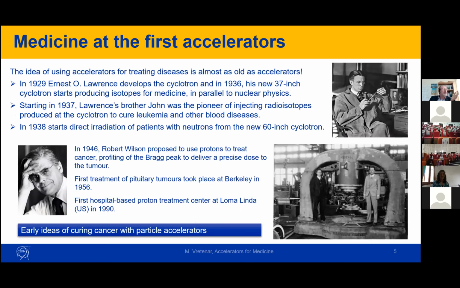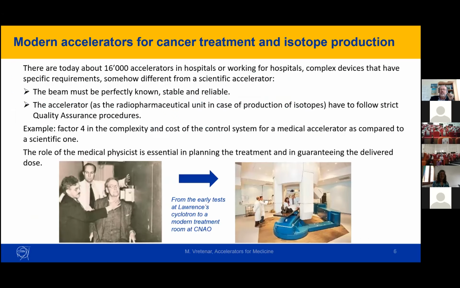And it was also mentioned this morning that the first application of the Bragg peak of protons to cure cancer came in the 40s from Bob Wilson, and then the first treatments in hospital date only from the early 90s. Only 30 years that patients are treated in hospitals, but before they were treated outside of hospitals.